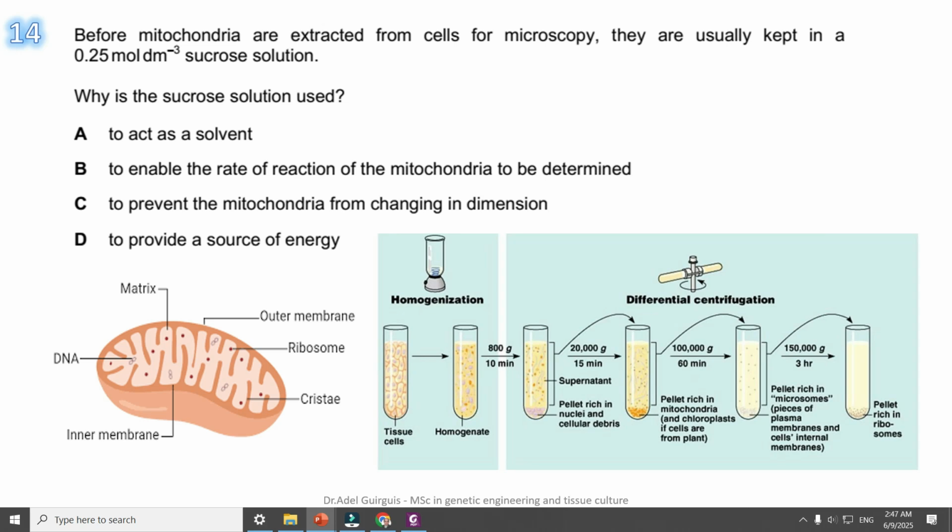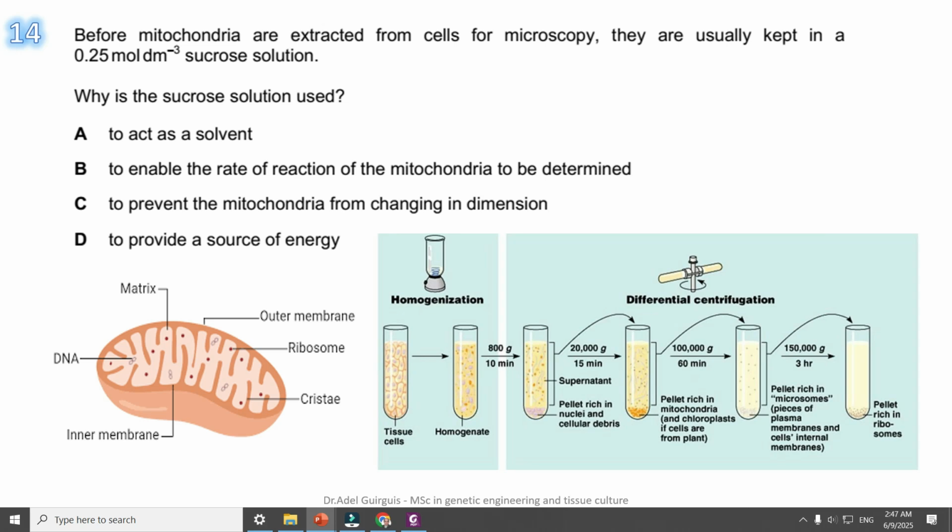All of these compounds and enzymes need specific water potential and a certain concentration of solutes. So to keep the mitochondria intact during study, we have to extract it from tissue homogenate safely and in intact form. So we use this specific concentration of sucrose.